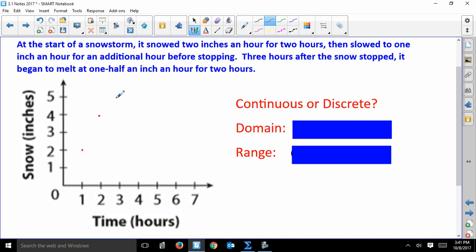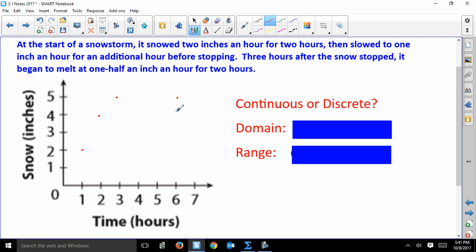Nothing happens then for 3 hours. So for 3 hours, nothing happens, and at the beginning of hour 6, we still have 5 inches of snow on the ground. But after 3 hours, it begins to melt at 1/2 an inch an hour for 2 hours.